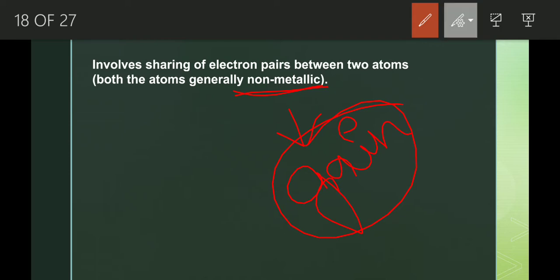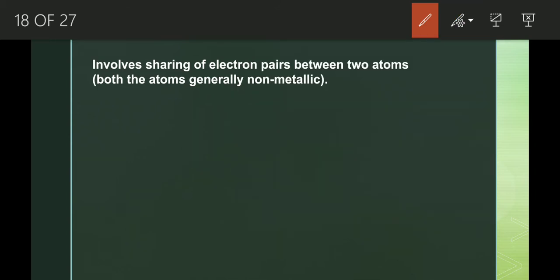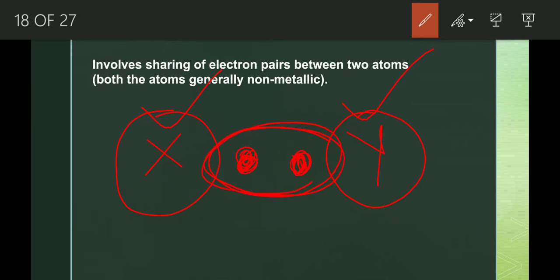Let's consider two atoms, one X and another Y. Suppose this is an electron of the atom X, and this is an electron of the atom Y. So as to attain a stable electronic configuration, both X and Y will share this particular pair of electrons.